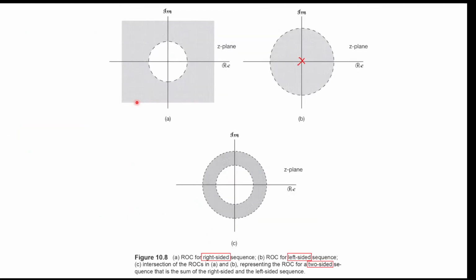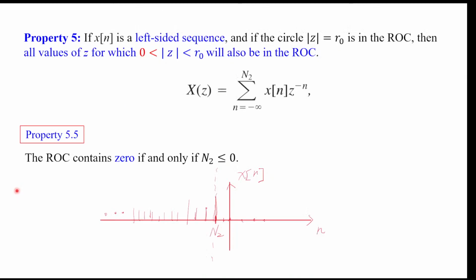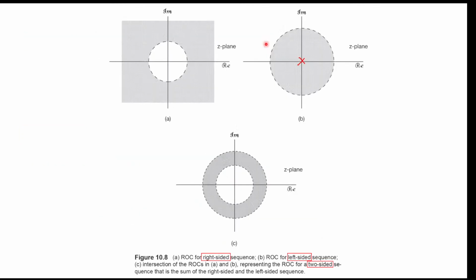Okay, so this was the left-sided part. The reasoning was the same. Now we will have a signal decaying to left infinity faster with the radius being smaller, etc. And in terms of picture, this is a schematic of ROC for a left-sided signal. So it's inside some circle, and it might or might not include this 0 point.